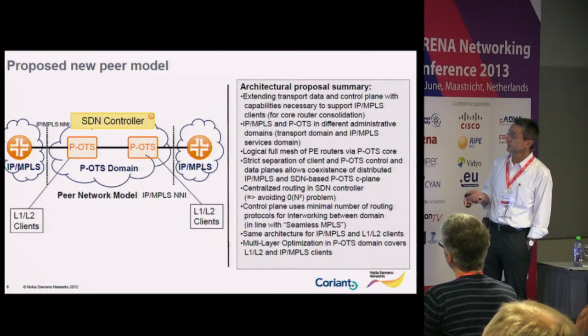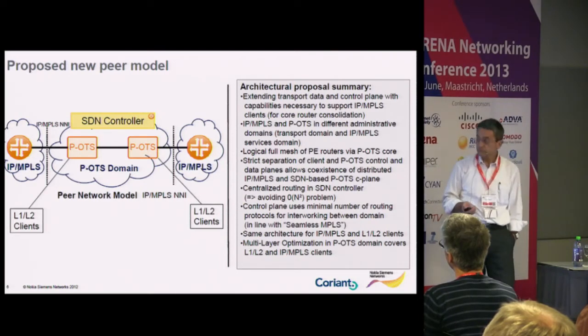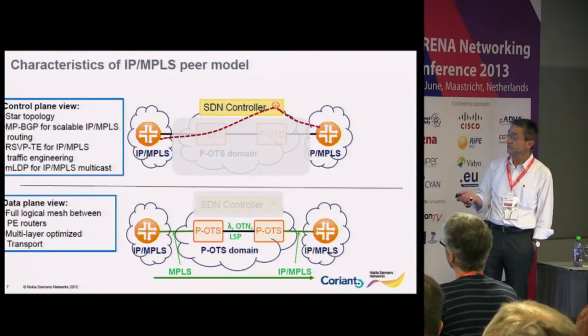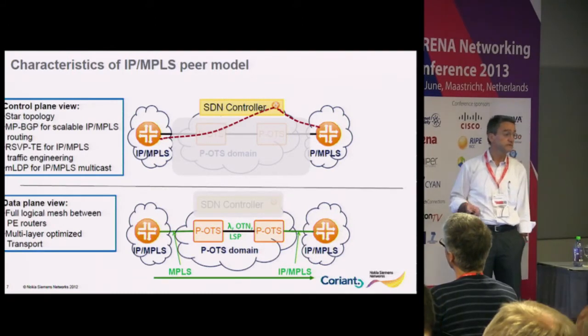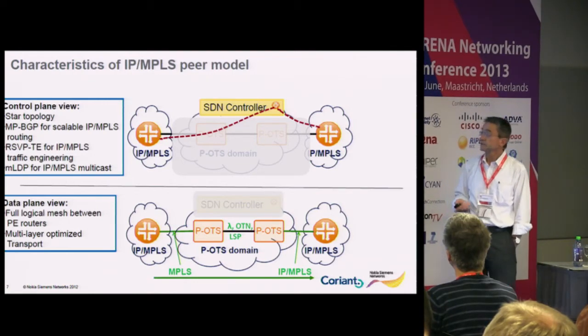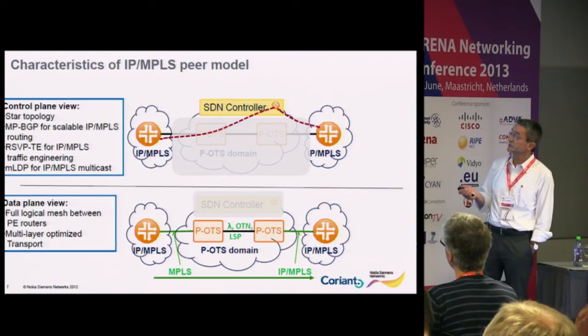And then we can do here the multi-layer optimization also by using different technologies from wavelength, OTN switching, MPLS label switching, whatever. So this is basically showing the characteristics again a little bit more clearly.